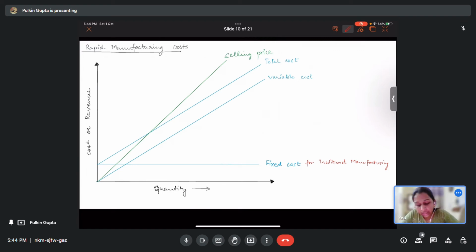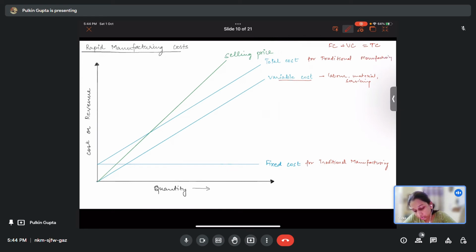Then there is a variable cost, which is of labor, material, servicing, etc., which varies from time to time and upon the production volume. So the sum of fixed cost and variable cost gives you the total cost. So fixed cost plus variable cost is equal to the total cost. Okay, so this is for traditional manufacturing.